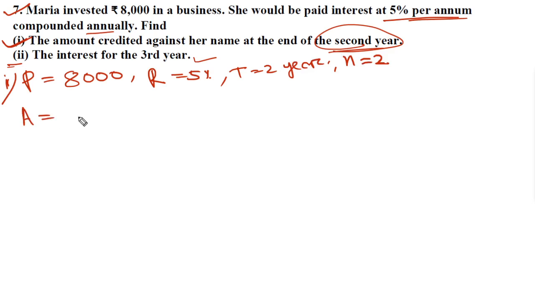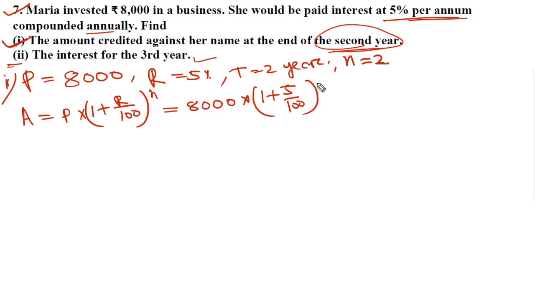So now we'll start with A. The amount here will be, you know the formula, please write the formula, P into 1 plus R by 100 to the power n. So it will be equal to 8,000 into 1 plus 5 by 100 to the power 2. So it will be equal to 8,000 into 1 plus 5 by 100, you can cancel it, it will be 20 here.